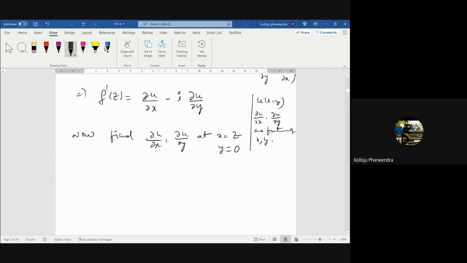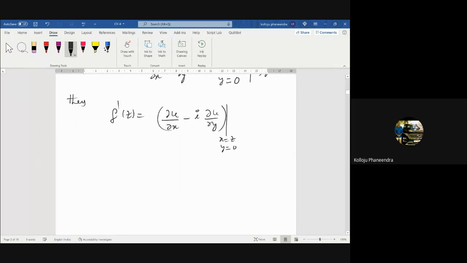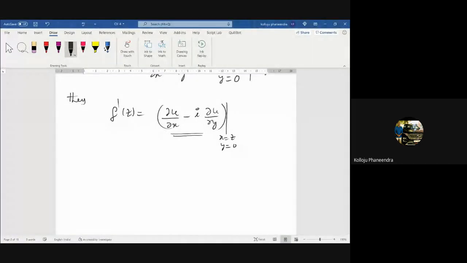Put x equal to z, y equal to 0 in this one. Then f dash z equals dou u by dou x minus i into dou u by dou y, evaluated at x equal to z, y equal to 0.